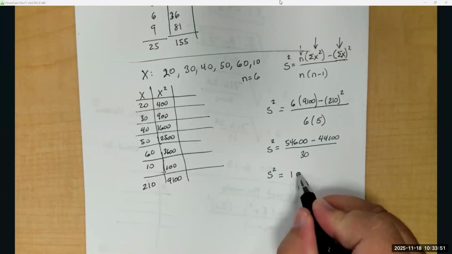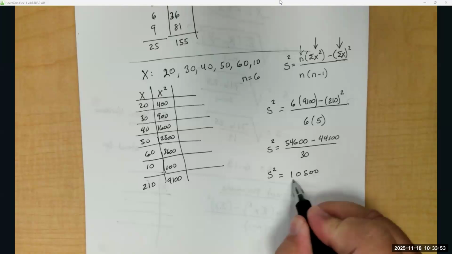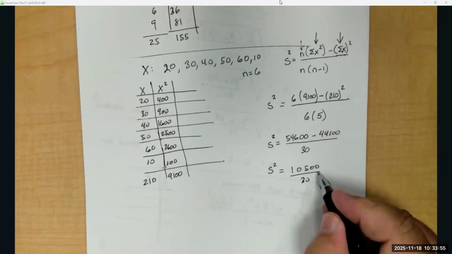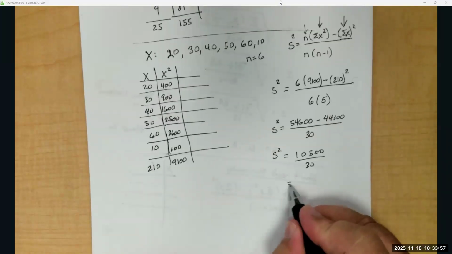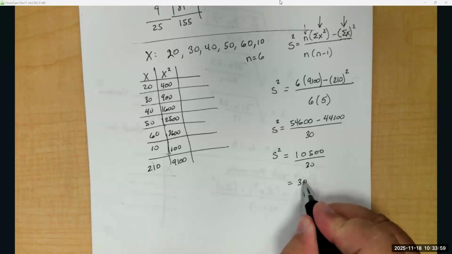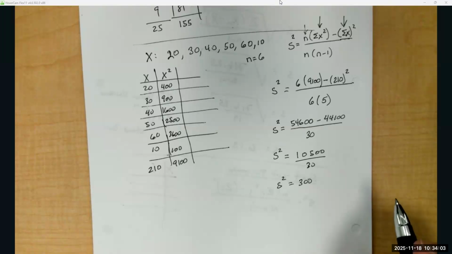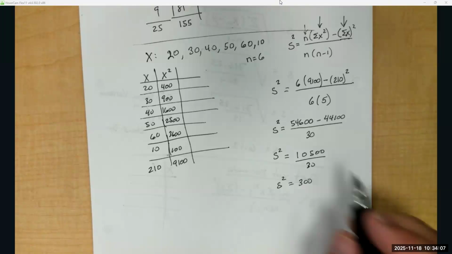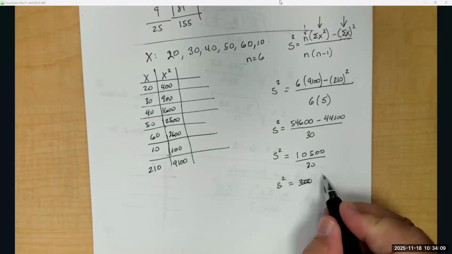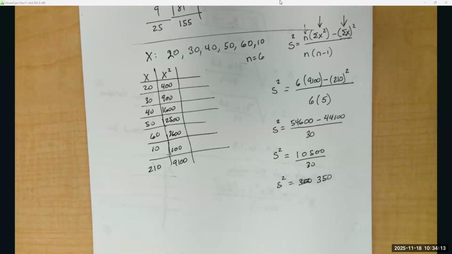We have 10,500 over 30. Well, that's easy. 350. So that's the variance. What do we do now?